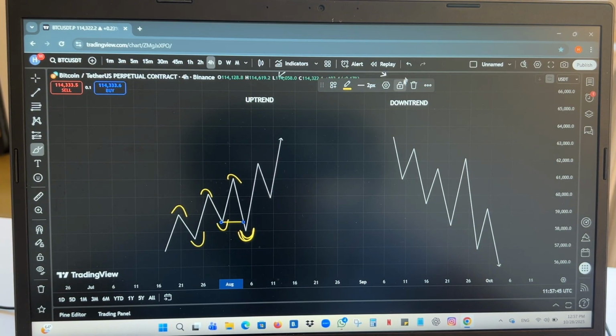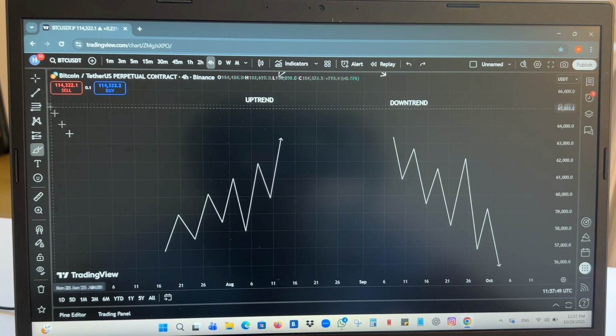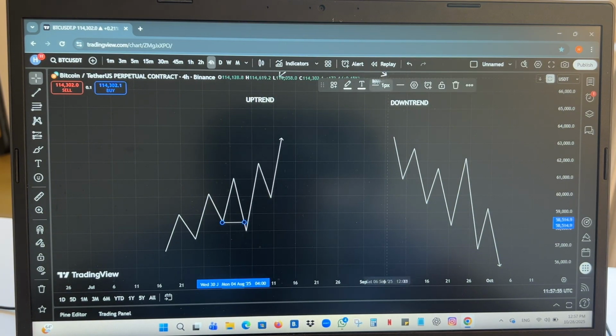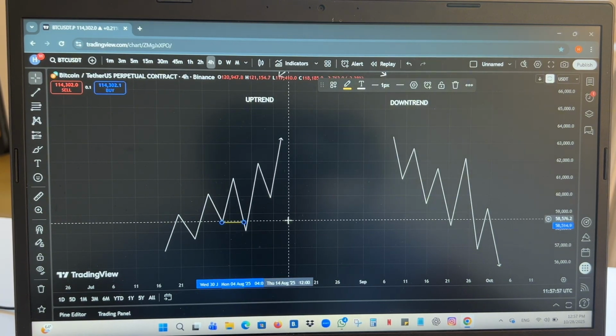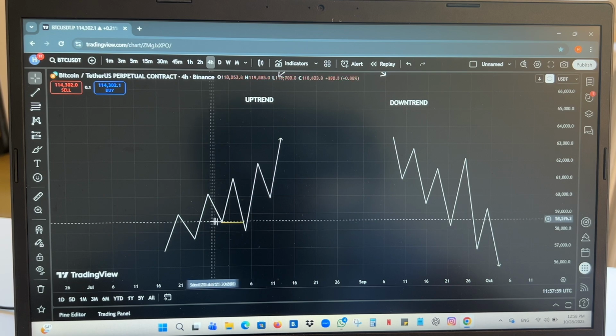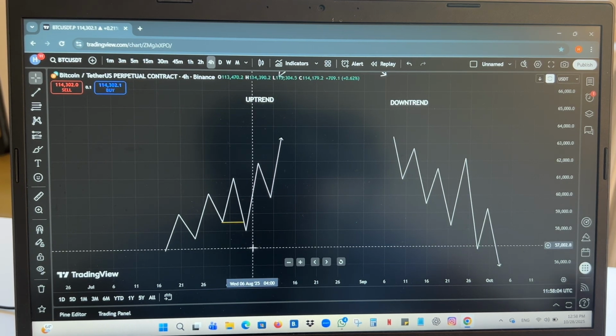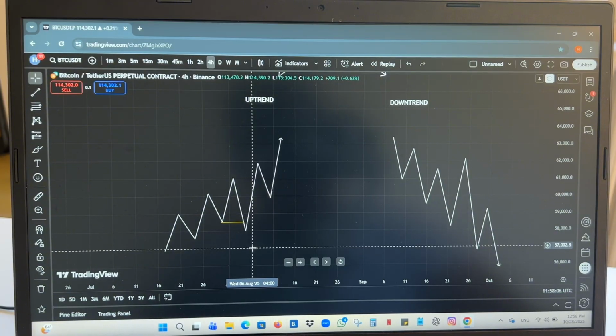We'll get rid of these so it's easy for you guys to see that the market has gone a bit down from the previous high low. Just mark it there because it's going to be important. We'll talk about that later.